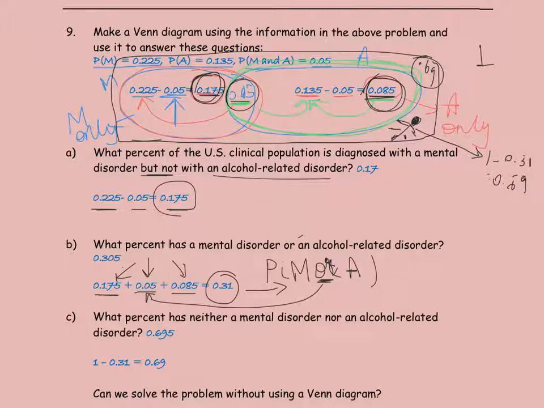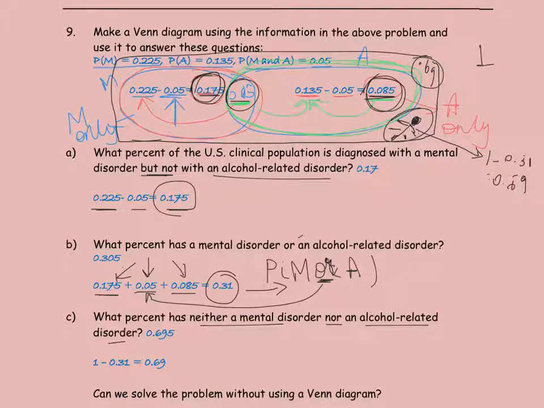Now the next question is, what percent has neither a mental disorder nor an alcohol related disorder? So basically that's the calculation we did here. This person sitting outside of the two circles has neither a mental disorder nor an alcohol related disorder.